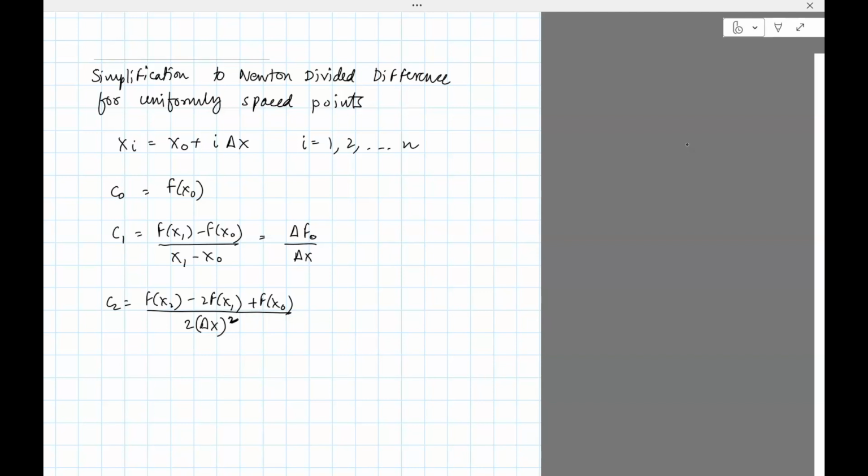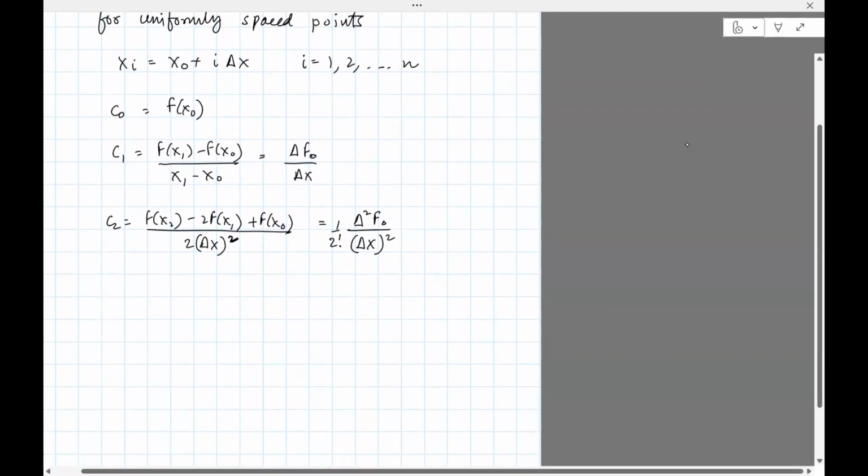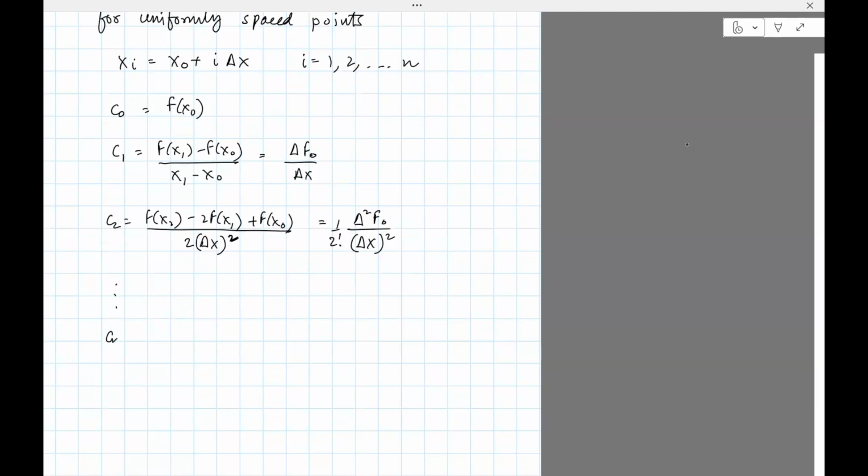So that's basically delta square f0. I'll write that 2 as 2 factorial delta x squared. Okay, so we can keep doing that till we end up with Cn, which is capital F of xn, xn minus 1, all the way to x0.